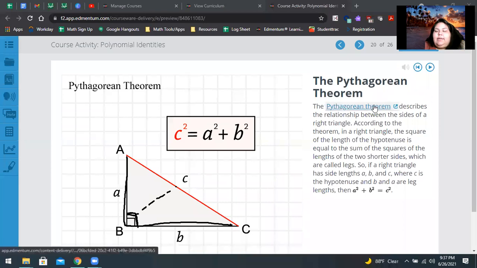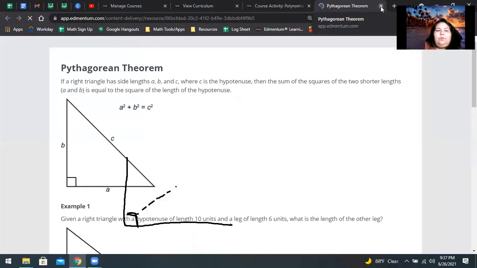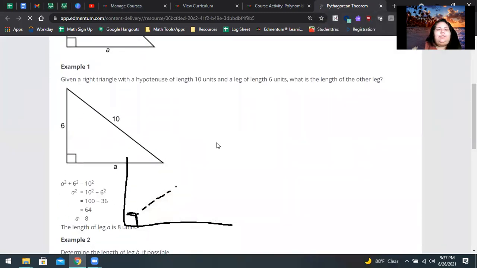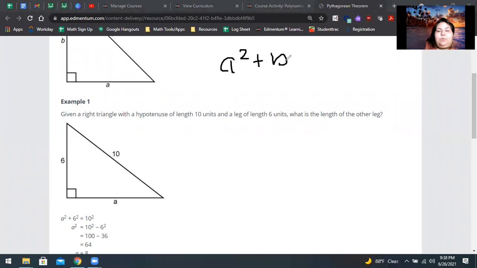I think they provide a video about the Pythagorean theorem, just giving you a couple of examples of how to find a missing side using the Pythagorean theorem, which we can do with this example right here. So again, we're going to apply it to this formula: a squared plus b squared equals c squared.